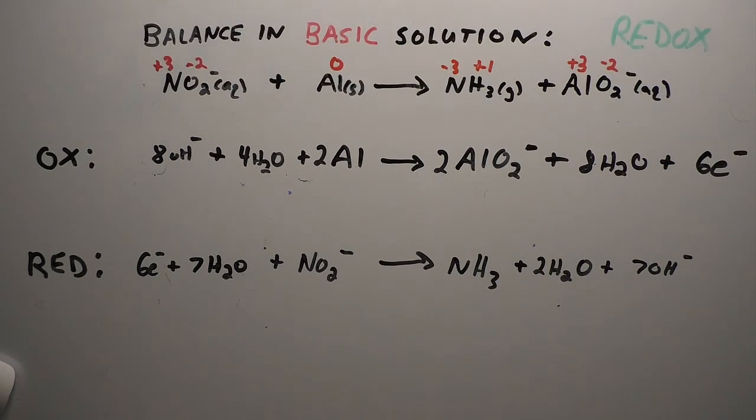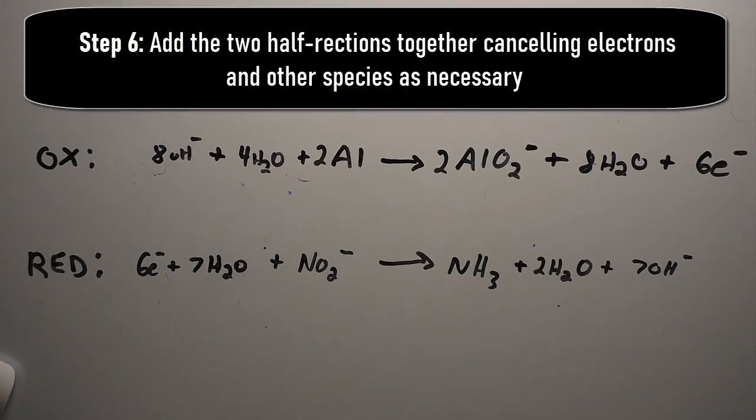So that step's done. The number of electrons for both half reactions are equal. So now we can move on to step 6, which is to simply add the half reactions together, and we're going to be canceling out electrons and canceling out other species as necessary. So it's just like an algebraic equation. Anything that you have on the left-hand side, if there's something identical to it on the right, they're just canceling out, right?